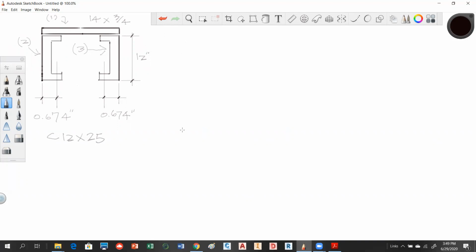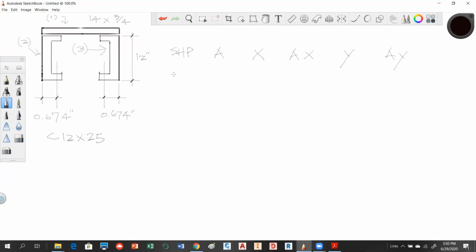So let's go ahead, we'll set up our chart. So we're going to have shape, we're going to have the area, we're going to have the x value, AX, the y value, and the AY.